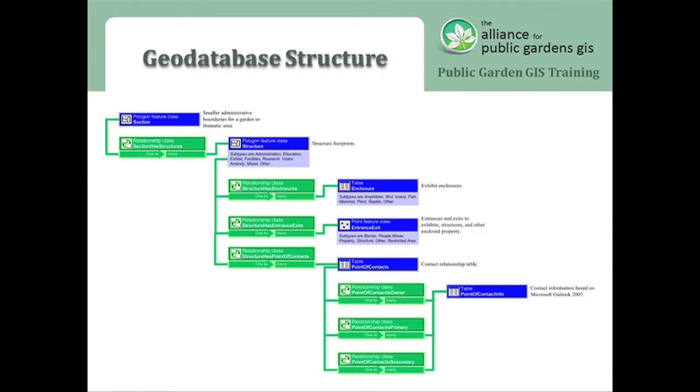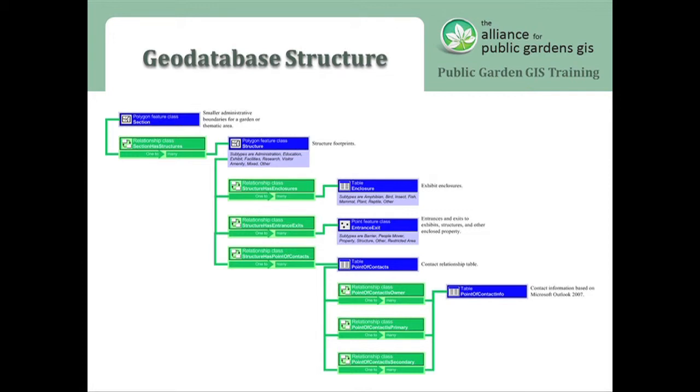So instead of drawing the animal enclosures in, we're just providing a list of those animal enclosures for management purposes. Therefore, instead of using a feature class, we have that data stored in a table because it doesn't draw on the map. In this case, our animal enclosures has subtypes as well. It can be an amphibian animal enclosure, bird, insect, fish, mammal, plant, reptile, or other. So those things are all mapped in there.